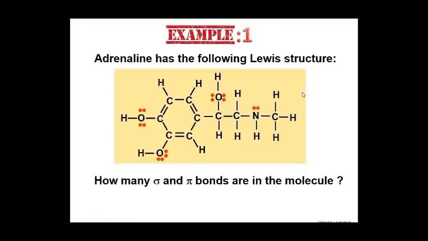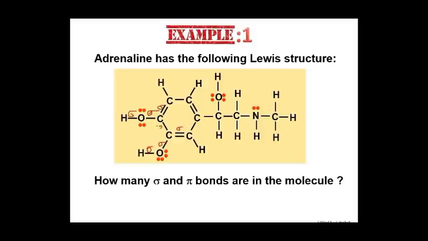Example 1. Adrenaline has the following Lewis structure. How many pi bonds and sigma bonds are in the molecule? This is sigma, sigma, sigma.